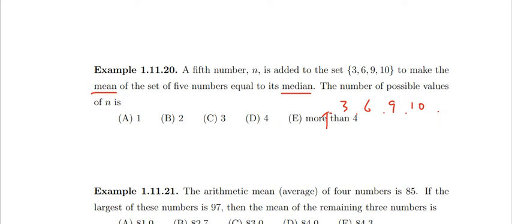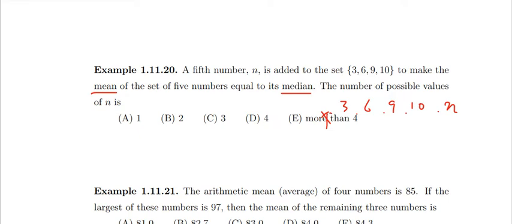So if n is big, then the median is 9, so we want to make the mean also 9. Okay, so let's check this case first.